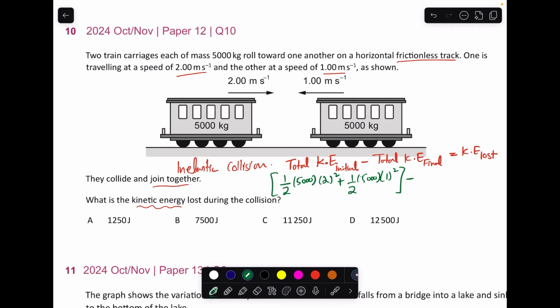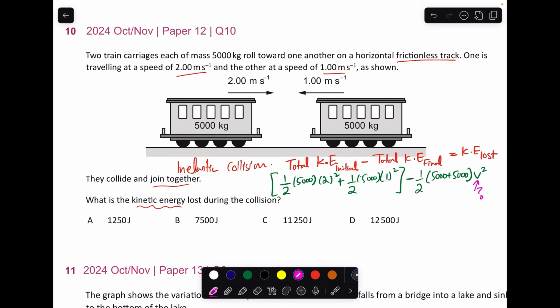Now the total kinetic energy final: they both will move together, so their mass will be the collective mass, 1 by 2, mass will be 5000 plus 5000 because they're moving together, into the velocity squared. We don't have the velocity. Okay, so now this is the challenge, that you have to find the velocity.